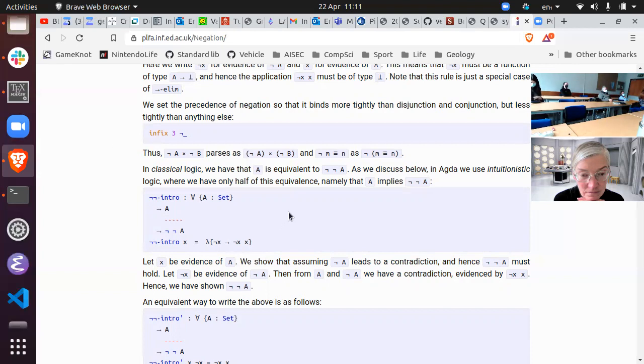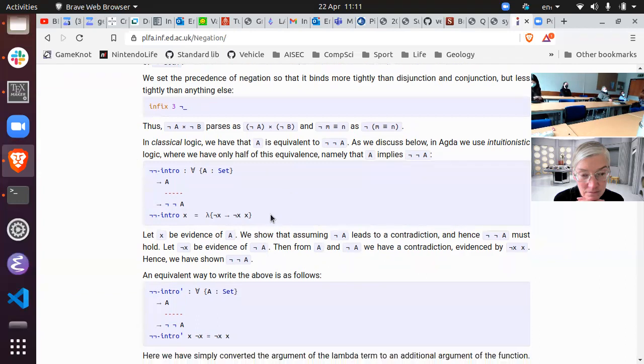How much detail? So if you have something of type A, you can introduce not not. What we want is a function that as a first argument takes a function that goes to the empty type and returns the bottom type.